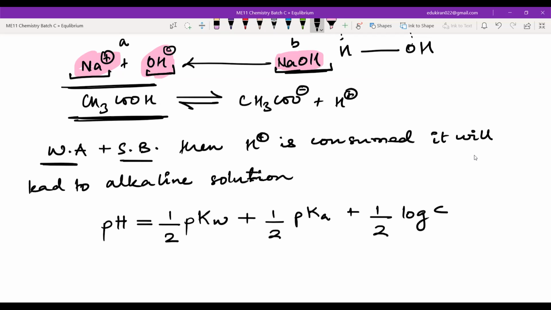The C is not a constant, C is equal to the concentration of the salt.